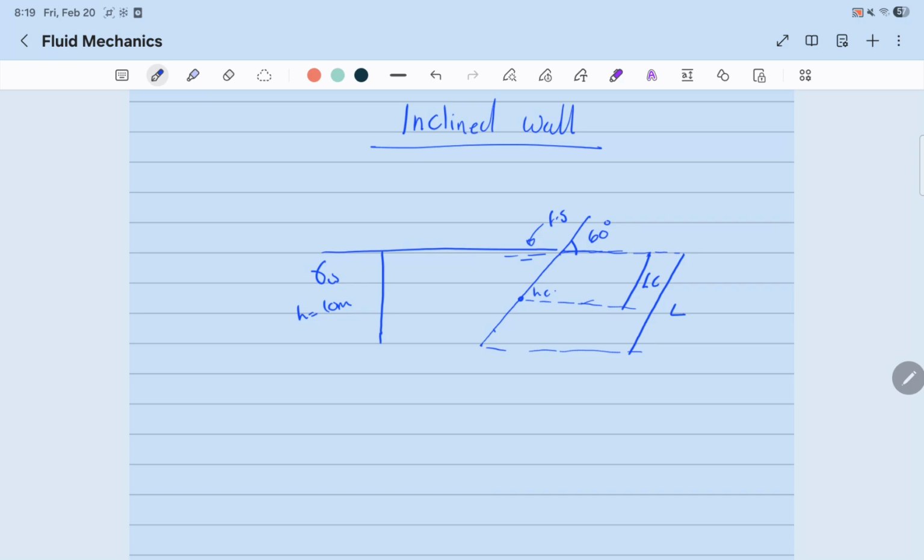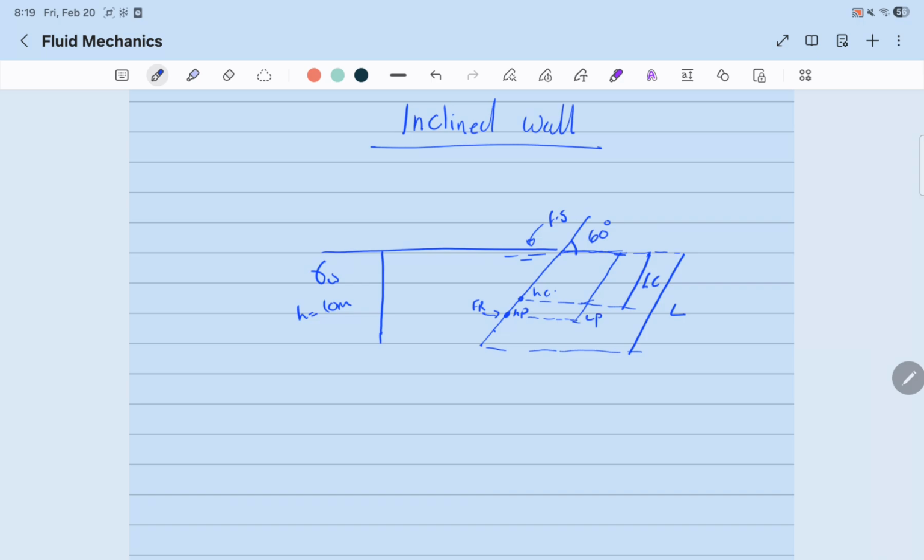And this here is HP, which is the center of pressure. It's where the resultant force is happening. And from that point to the surface, that is LP.